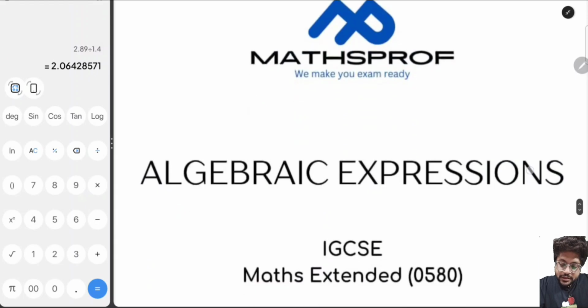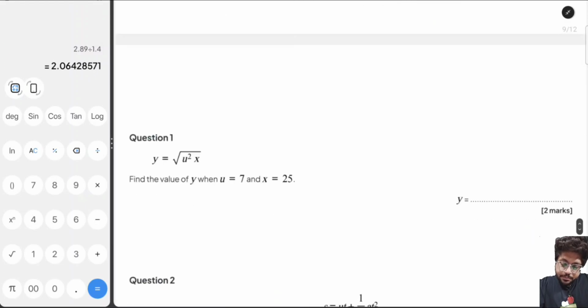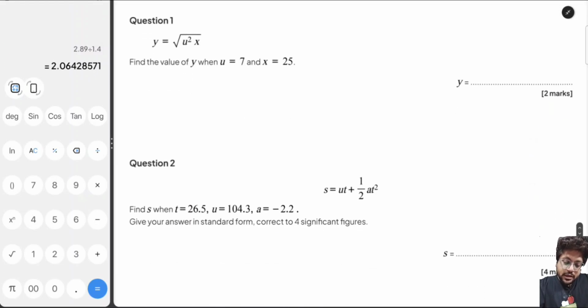Clear? See the third worksheet, paper 4 style questions. First question, y is equal to square root of u square into x, and value of u and x are given. Let's find the value of y. Just replace the value of u and x into the square root.